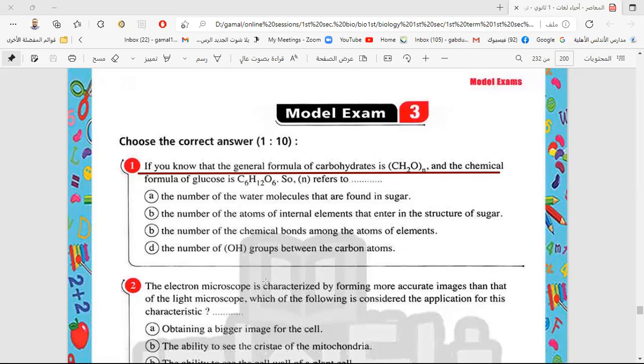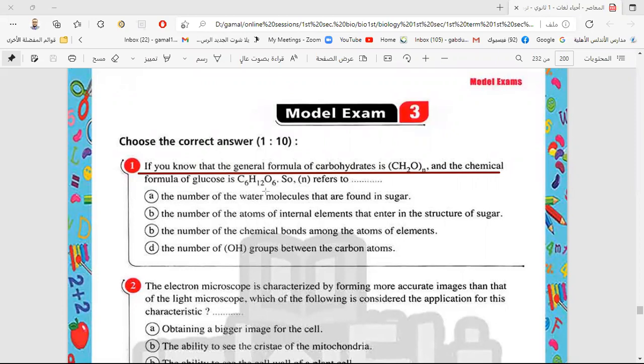What do you think, Neema? We have glucose here. We have 6 atoms of carbon, 12 atoms of hydrogen, 6 atoms of oxygen. N here equals 6. So which answer is likely to be the best?